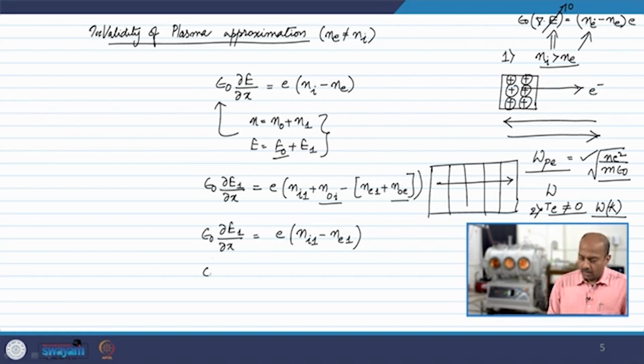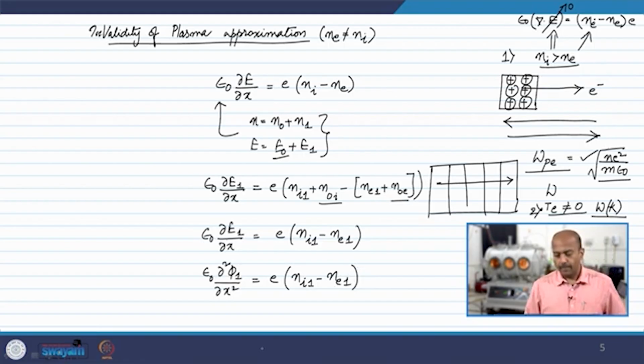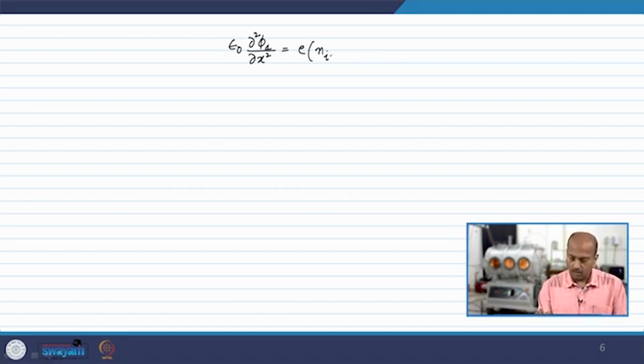Now, we can write the electric field in terms of a potential: d squared phi1 by dx squared, and epsilon naught d squared phi1 by dx squared equals e times (n_i1 minus n_e1), right.